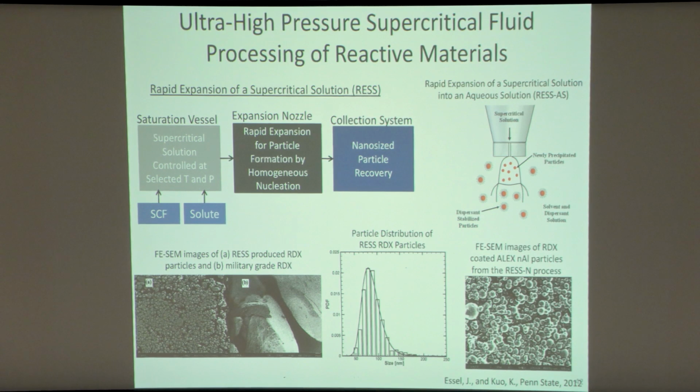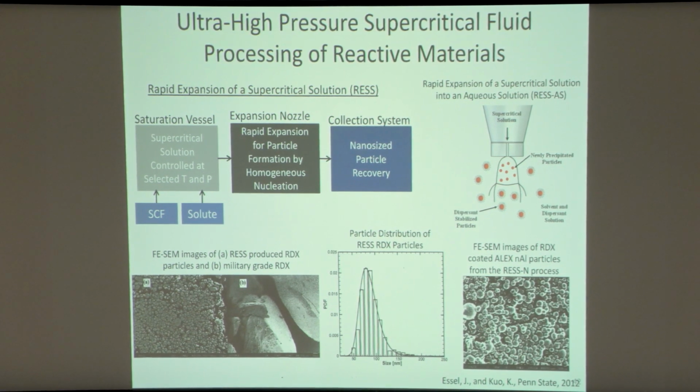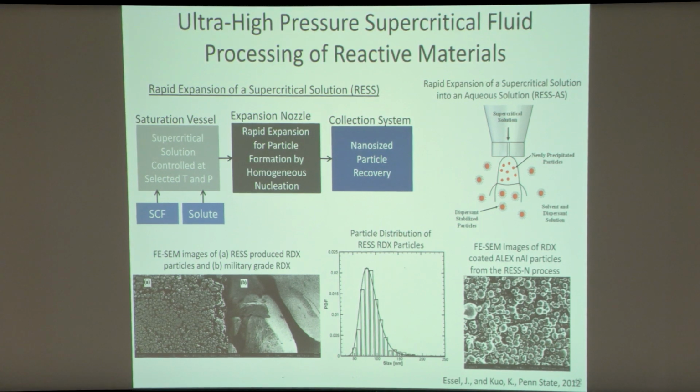What you want to do then is prevent the continued growth, so you might have a solution very near that where the particles then go into solution, and the solution prevents their further growth. And you can see here some SEMs of the particles themselves, the size distribution, etc.